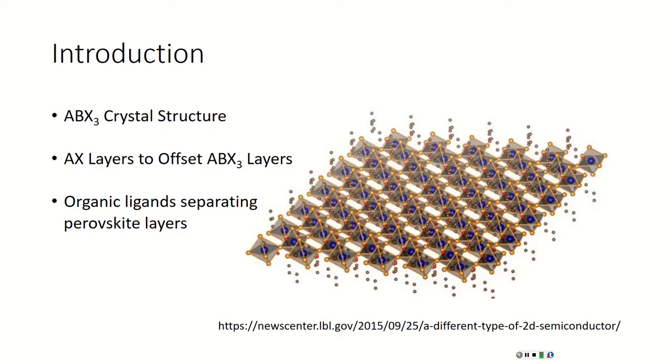Then what the Ruddlesden-Popper perovskite is, in addition to these ABX3 layers, you have AX layers that offset them. And there's a second type of Ruddlesden-Popper perovskite called hybrid Ruddlesden-Popper, that instead of an AX layer, uses a layer of organic ligands to separate.